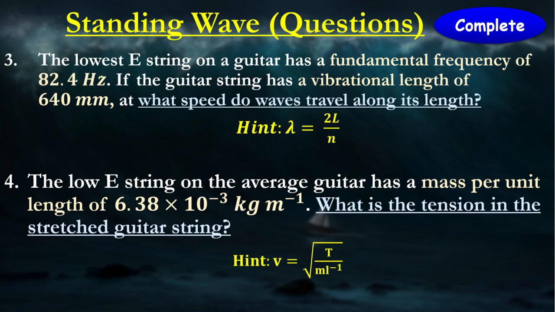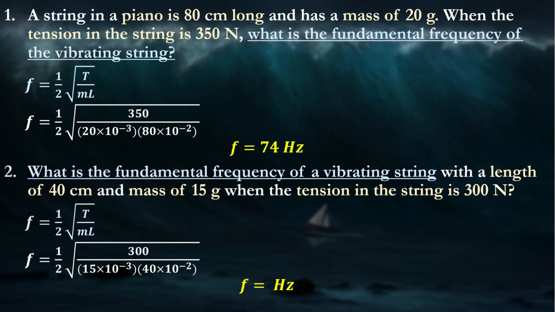Okay, next one. It says the lowest E string on a guitar has a fundamental frequency of 82.4 Hertz. So we know the frequency there. If the guitar string has a vibrational length of 640 times 10 to the power minus 2 meters.